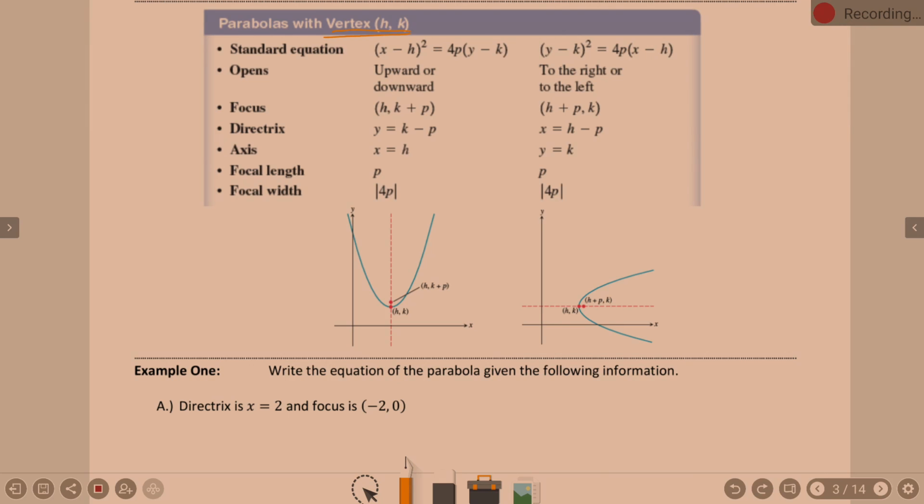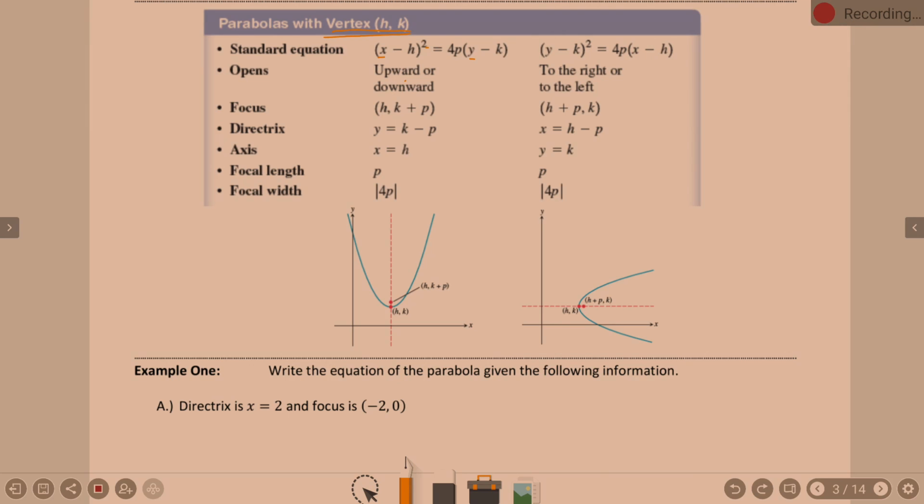Notice we have a left column and a right column again, yes? I tried to put the pictures with them. In the left column, what do my parabolas do? They open up or down. Do you still notice that it is y equals x squared? Do you still see that? There's y and there's x squared. The minus h and the minus k, that's how far left or right and up or down.